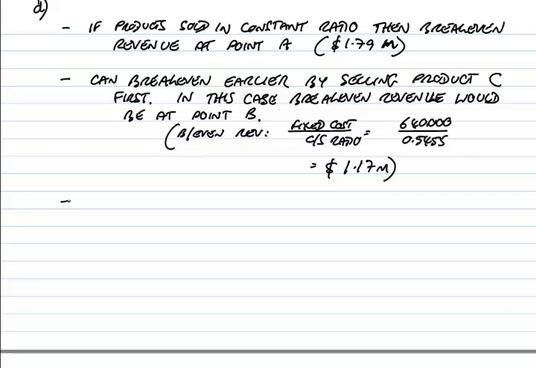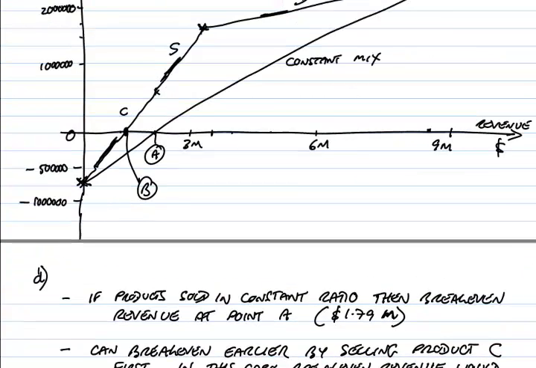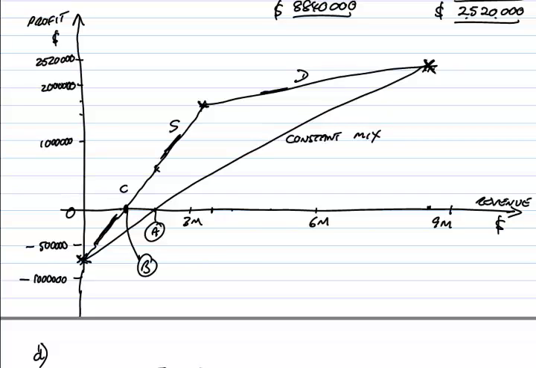The final point, though, is this really realistic? You know, we're budgeting on selling 20, 22, 26. If the budget's right, then what we've done is fairly irrelevant. We know what the revenue would be. We know what the profit would be. End of story. But the whole point about this is because the budget figures could be wrong.